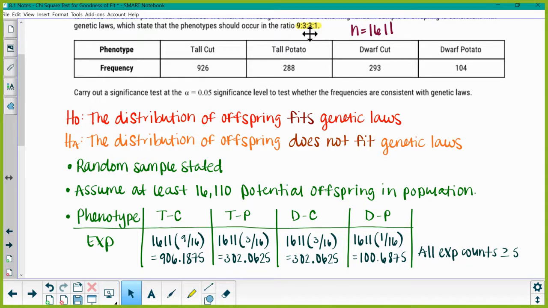Again, you do have to report the values for credit on the exam. You don't have to write out your formula or include this 1611, 9 out of 16 calculation. You can just state the value, but I put it in here for the sake of notes. And you do want a statement saying all expected counts are greater than or equal to 5.